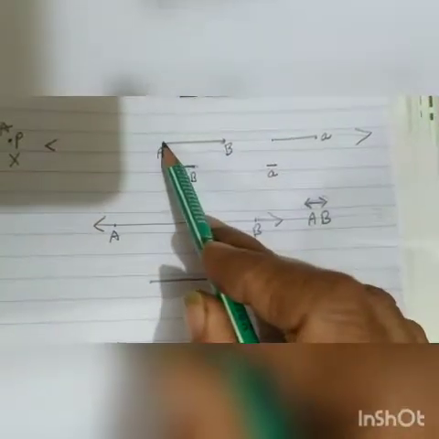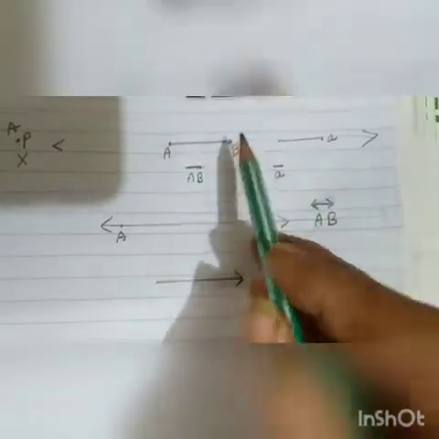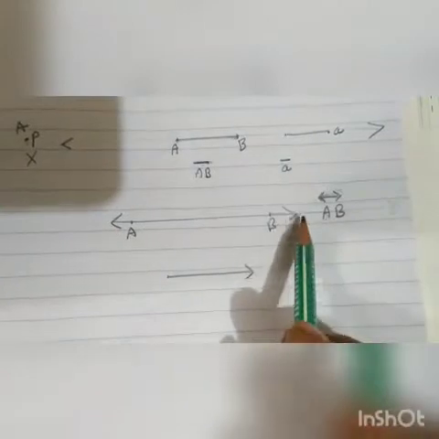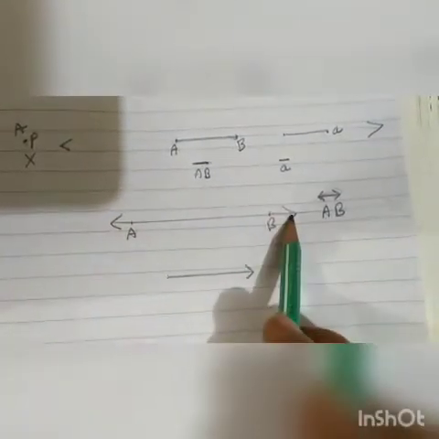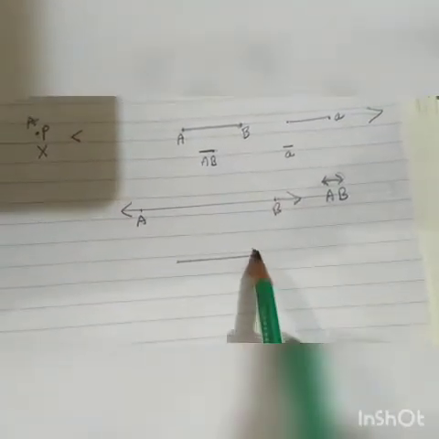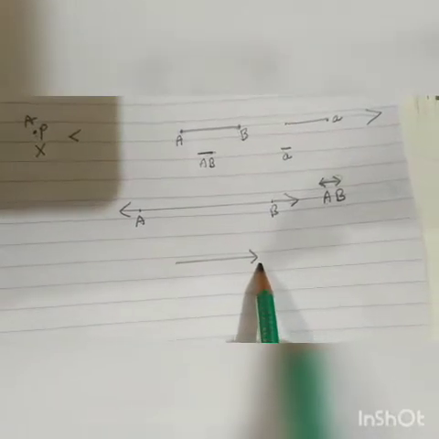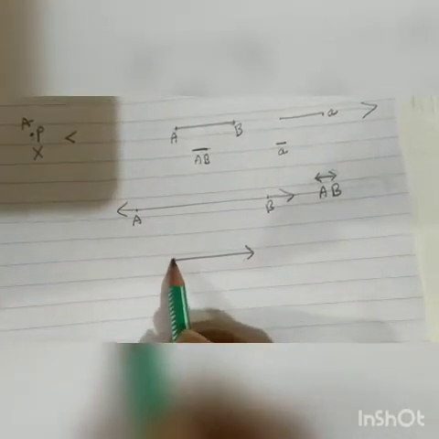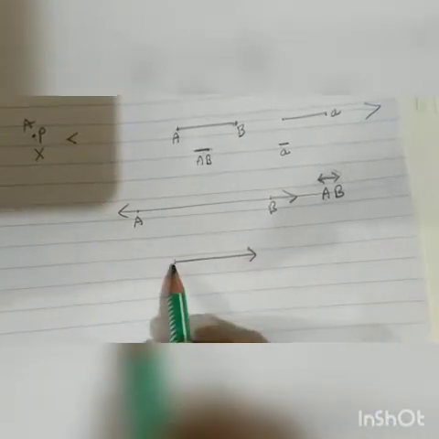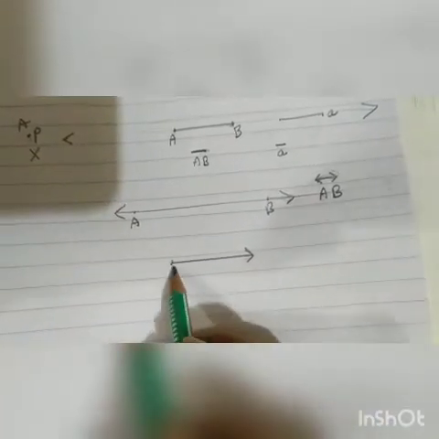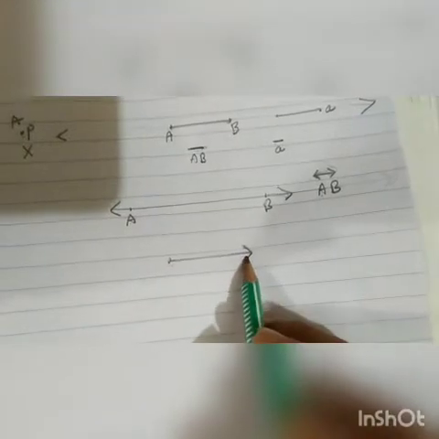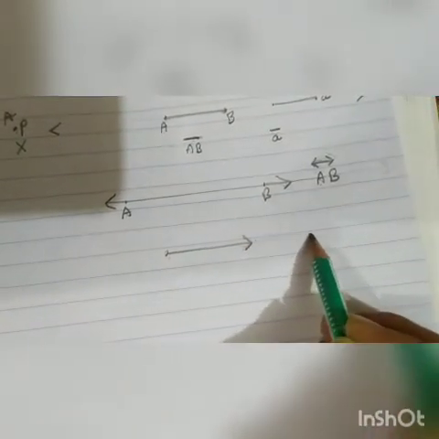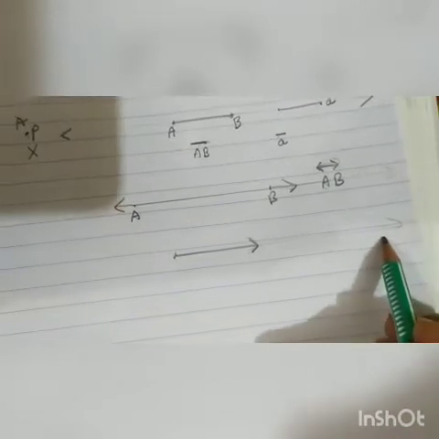Here two endpoints, no arrow. Here two arrows, in both directions. Here, in only one direction there is an arrow. This is its starting point. So a ray has one starting point, or we can say one endpoint, and one arrow. It means this ray can be extended only in one direction, in this direction.